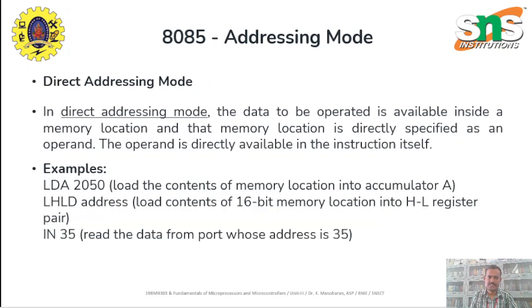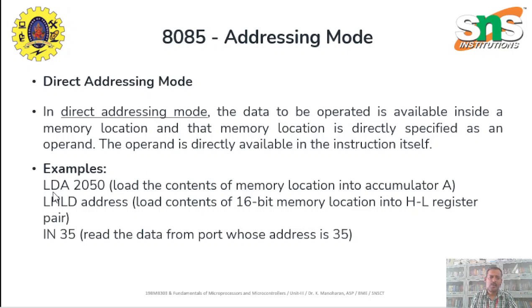Look at the next addressing mode, direct addressing mode. The meaning is that the address is specified directly in the instruction. This value will be considered as a location, and the content present in the location will be moved to the register. Look at this example, LDA 2050.